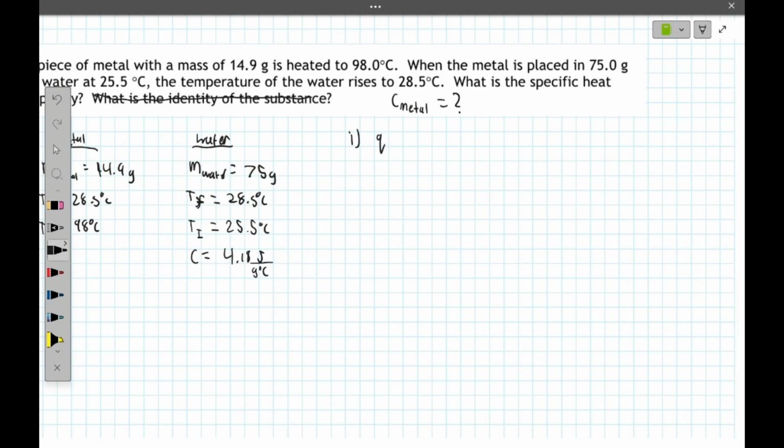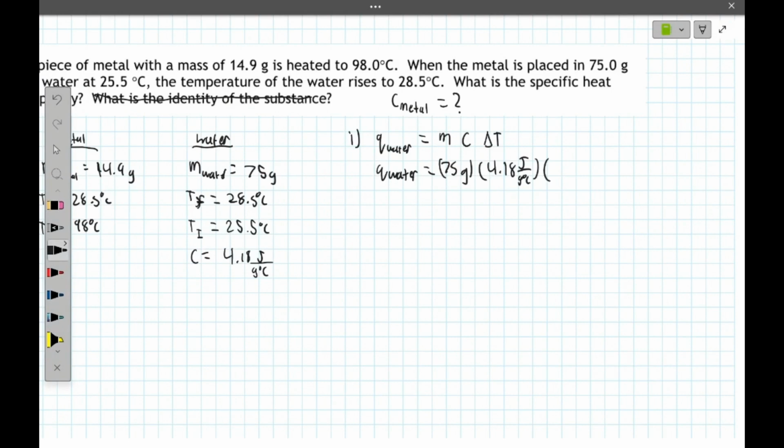So Q of water is equal to M C change in T. So we're just plugging in all the values that we have. So the mass we're given 75 grams. Specific heat capacity of water 4.18 joules per gram degree Celsius.